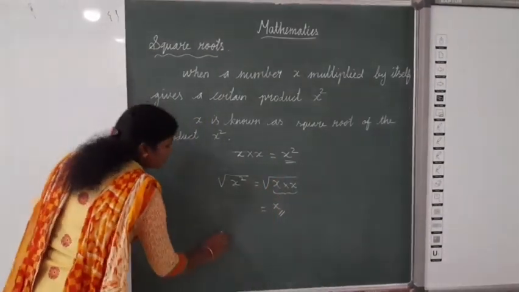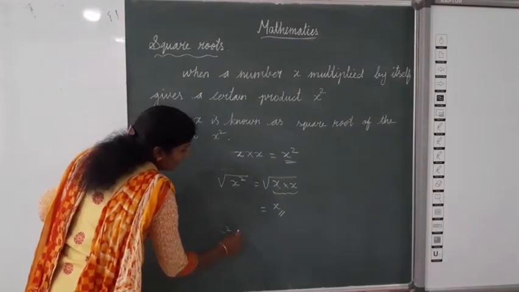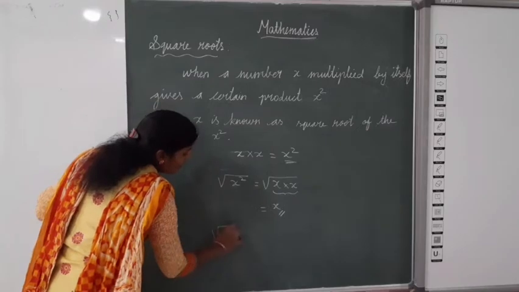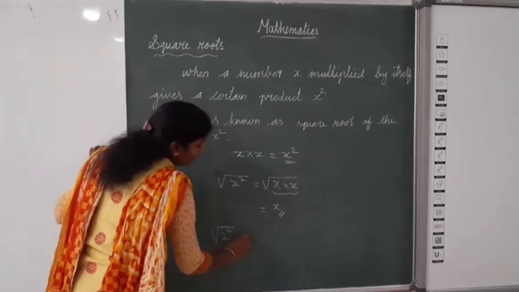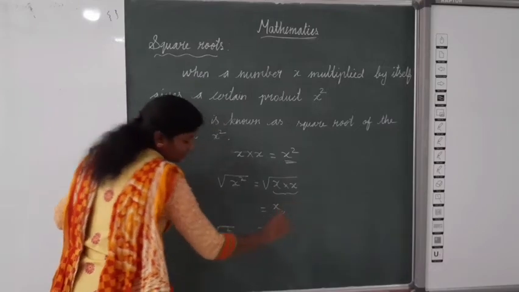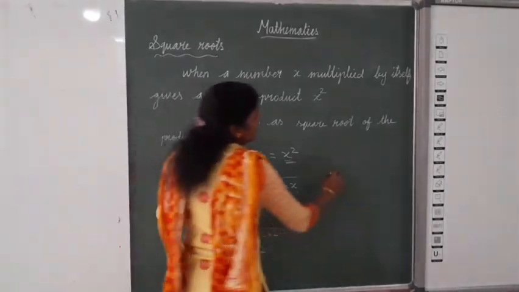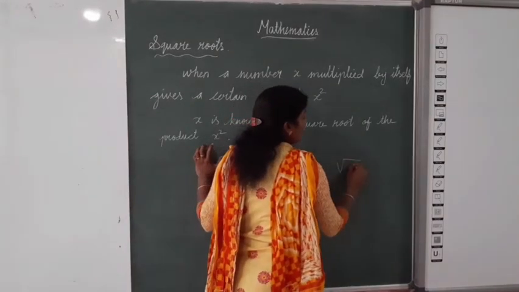Suppose 2 square. 2 square means square root of 2 square equals square root of 2 into 2, equal to 2. Suppose we write square root of 9.